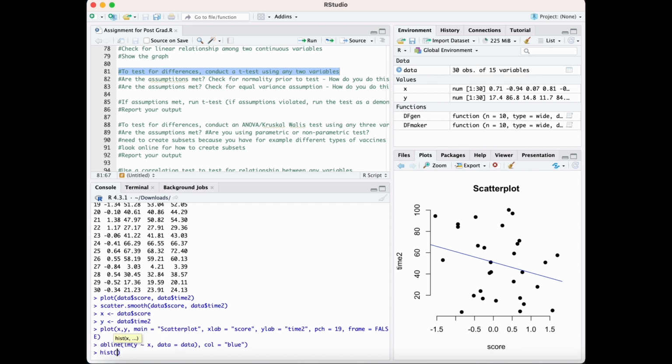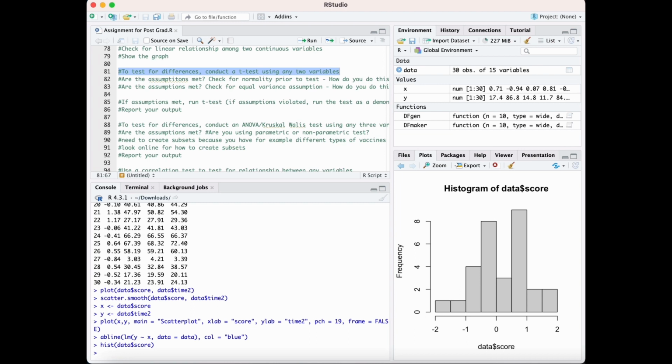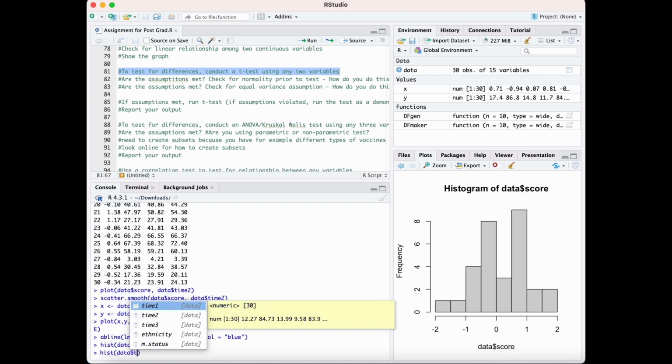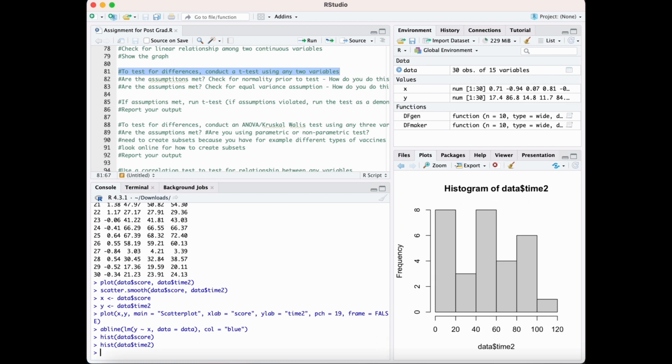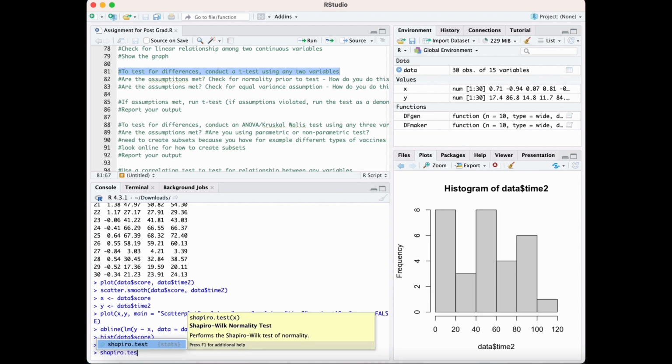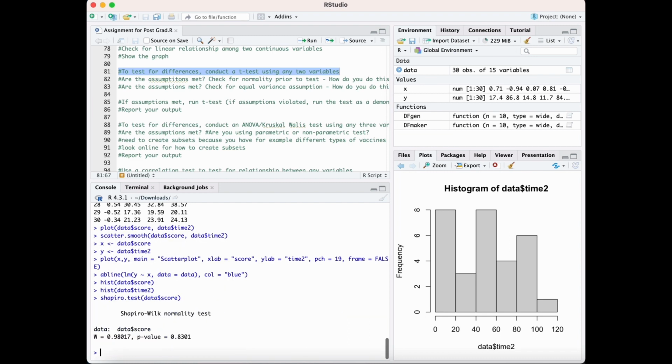I'm going to use the same data. Time 2. Okay, so this is how it looks visually. Let's run the Shapiro normality test to see if it is indeed normally distributed.